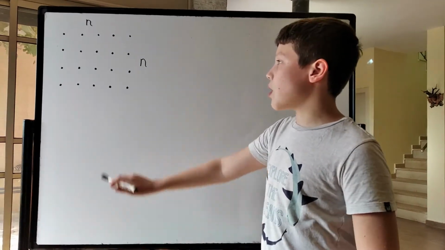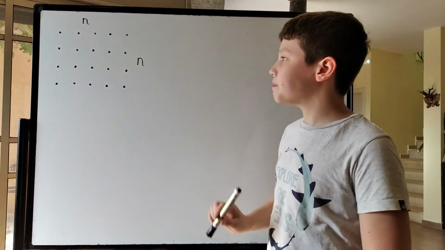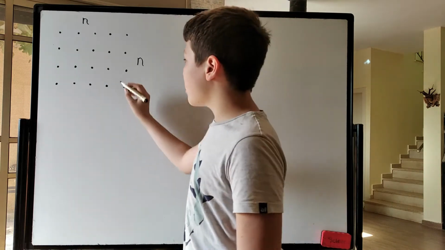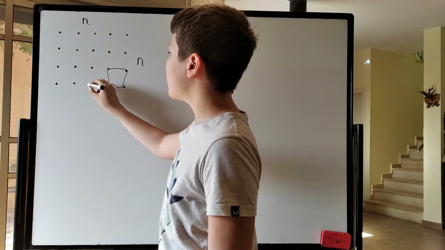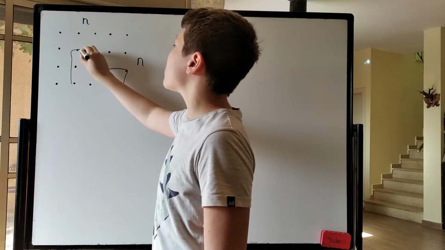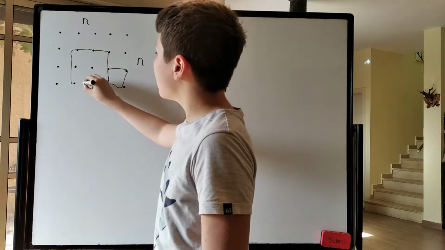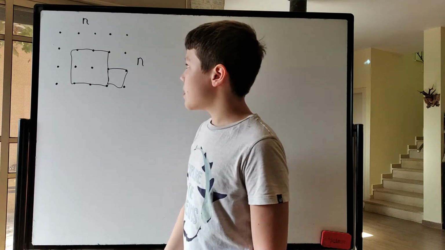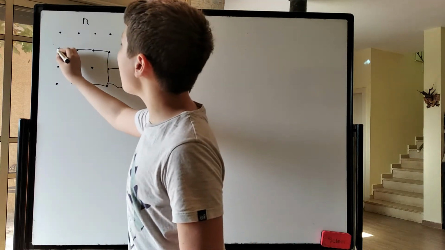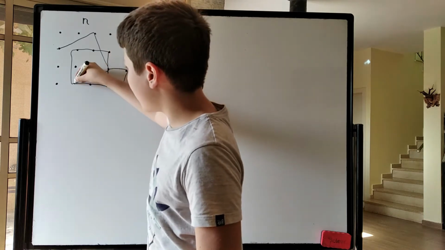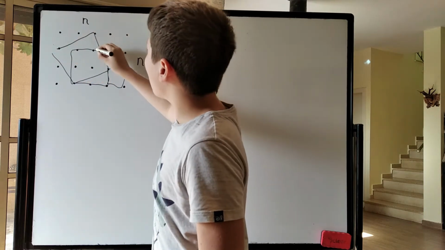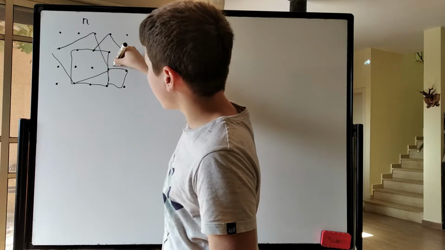this is the original problem with square of n by n, and there are a lot of types of squares. There's this square, there are more squares. If you look closely, you might just notice this square or this square.